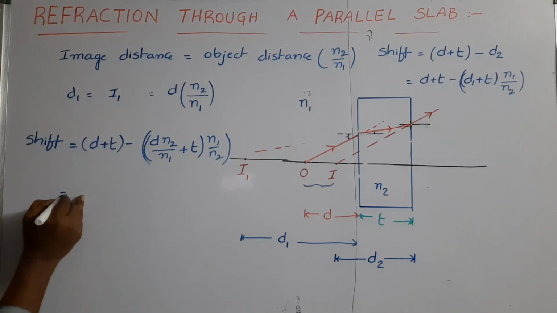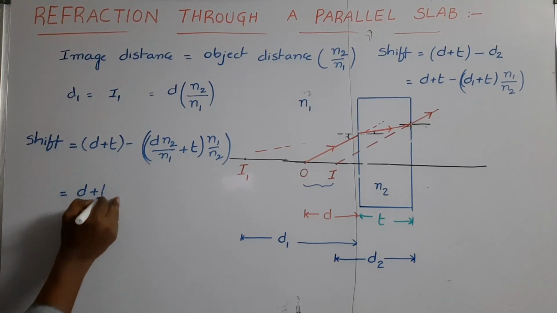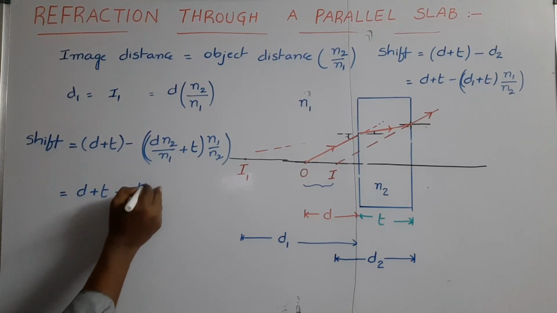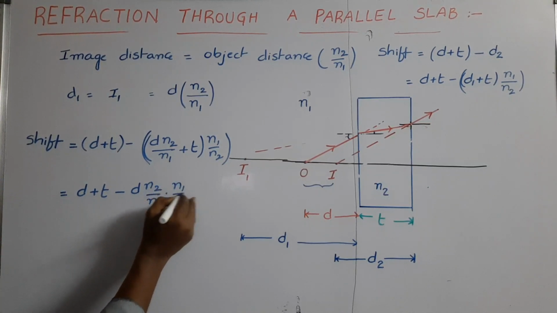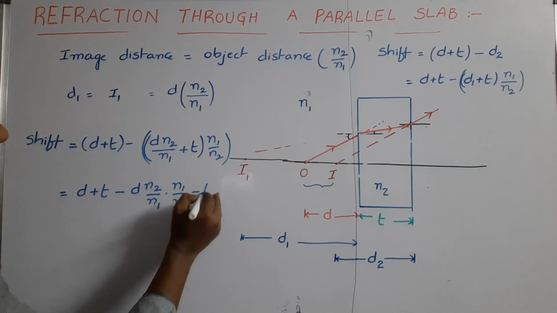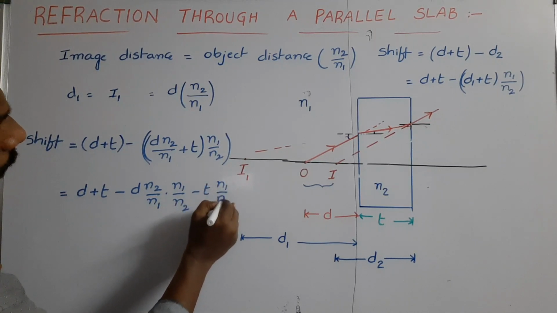Multiplying, we get D plus T minus D into N2 by N1 into N1 by N2, minus T into N1 by N2.